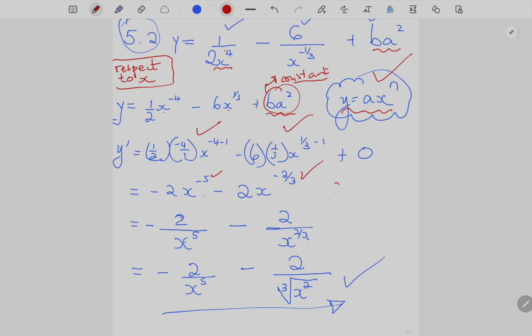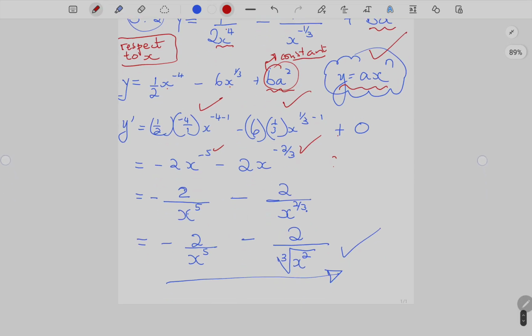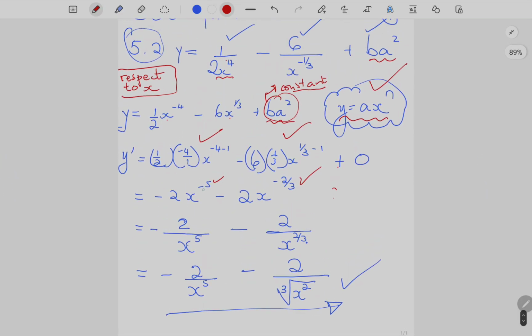Now remember, the statement says leave your answer with positive exponent or in surd form when necessary. As you can see here, this is a negative exponent, negative 5. So it means we are going to have a numerator as well as a denominator. What is going to remain as a numerator? It's minus 2.